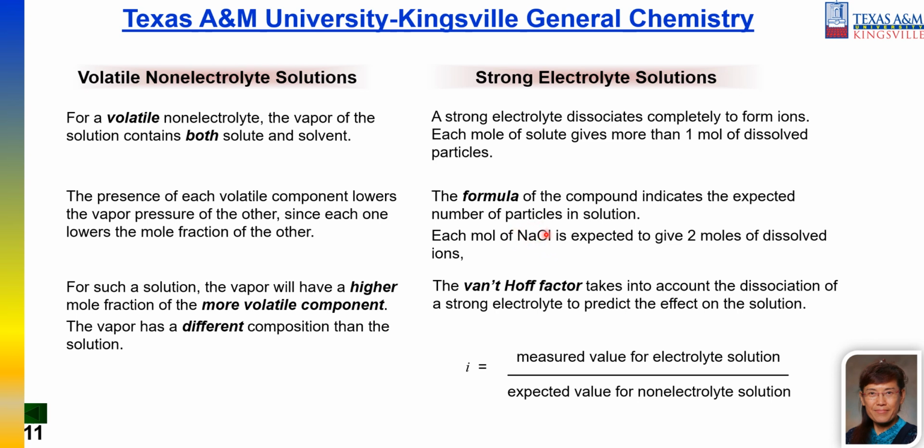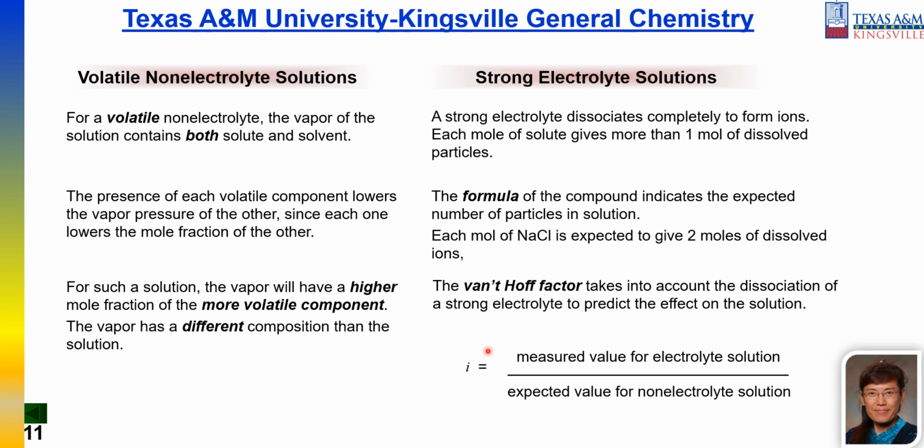You assume you have 1 mole of sodium chloride. For the expected value, assume sodium chloride is not an electrolyte. In that case, this value will be 1 mole. However, your sodium chloride is going to produce 1 mole sodium, 1 mole chloride, totally 2 moles of ions. The measured value will be 2.